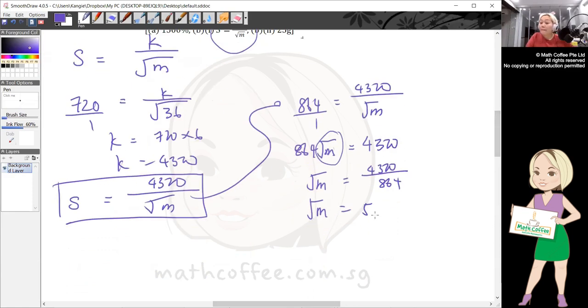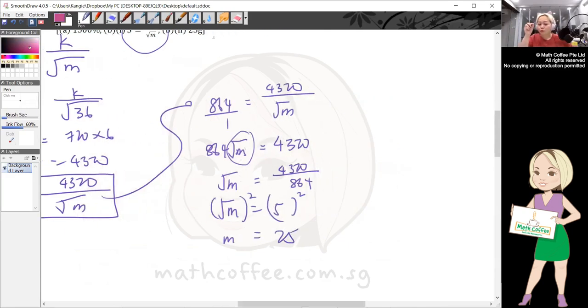And in order to get M, I will square it. So I'm going to square this, so it becomes 25. So what's the common mistake? Students always get confused by one thing. If today my M squared is equal to 5, to solve M, I square root the 5. Agree? But now it is square root M equals 5.